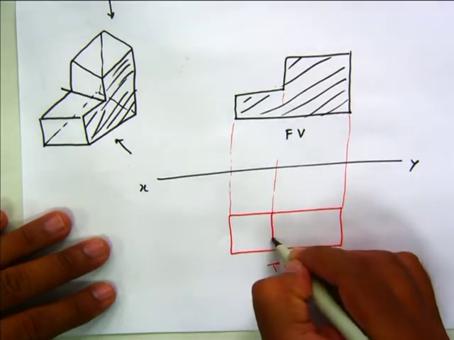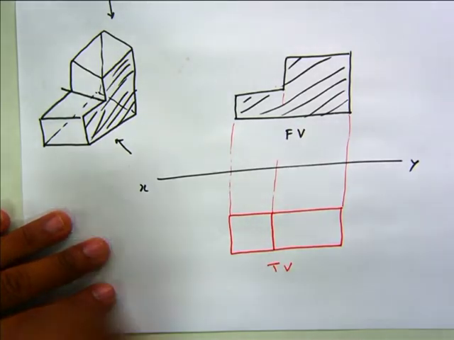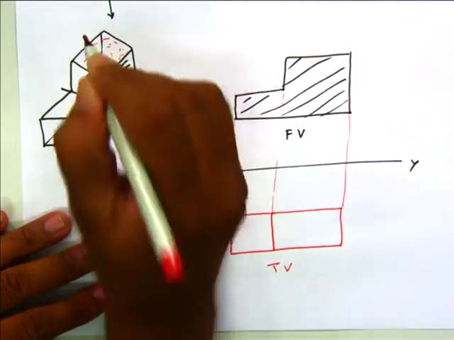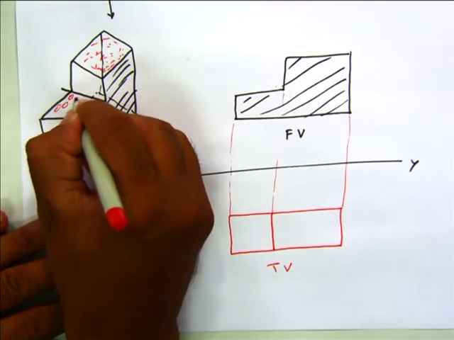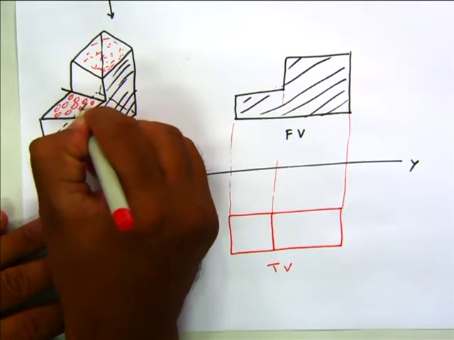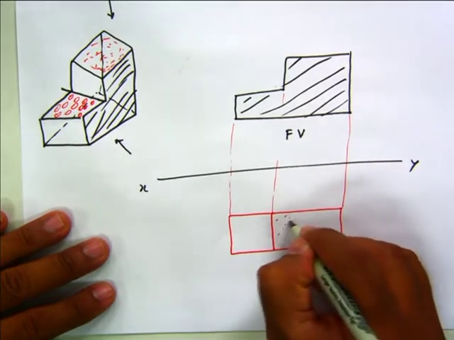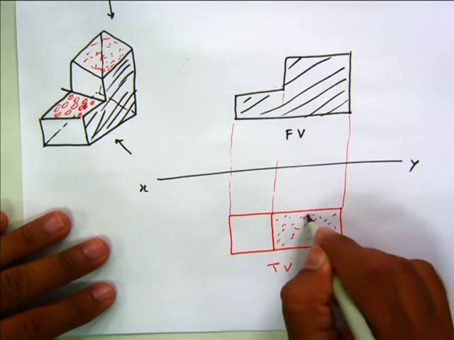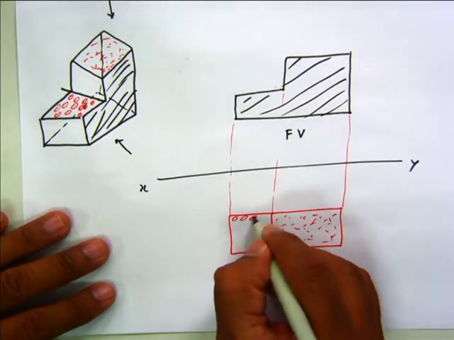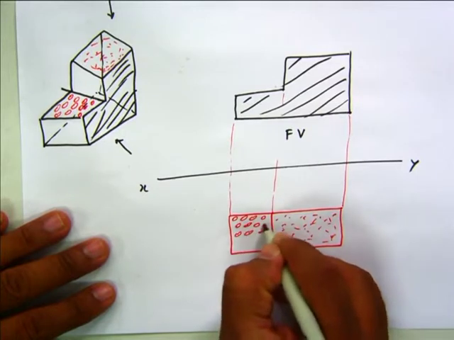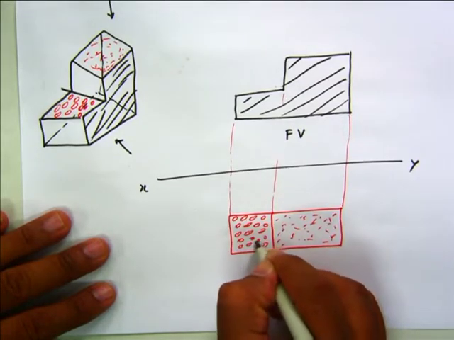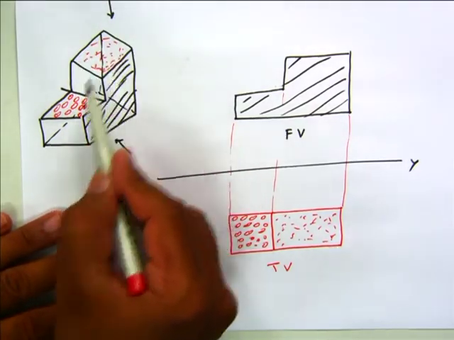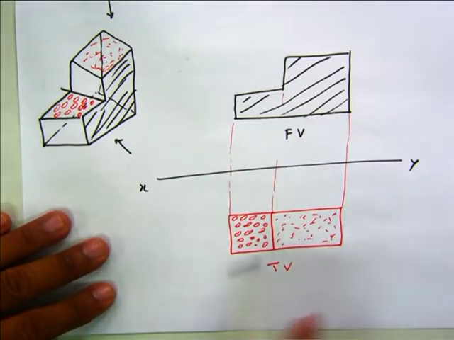This is your top view. So you can look at this. When you are viewing from the top, you can see this face and this face like this.